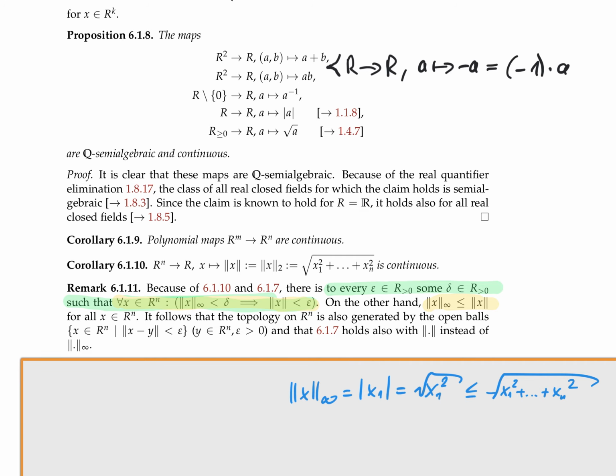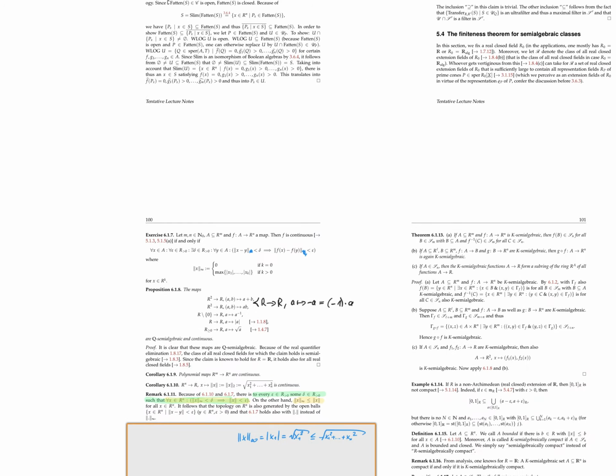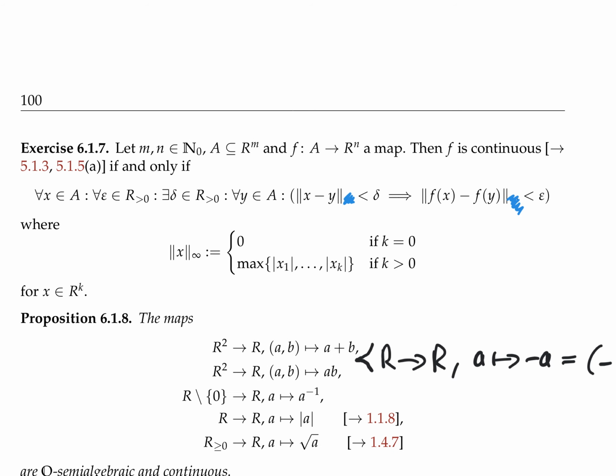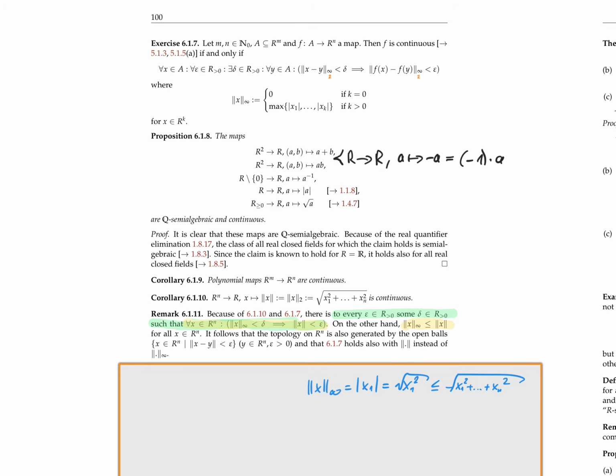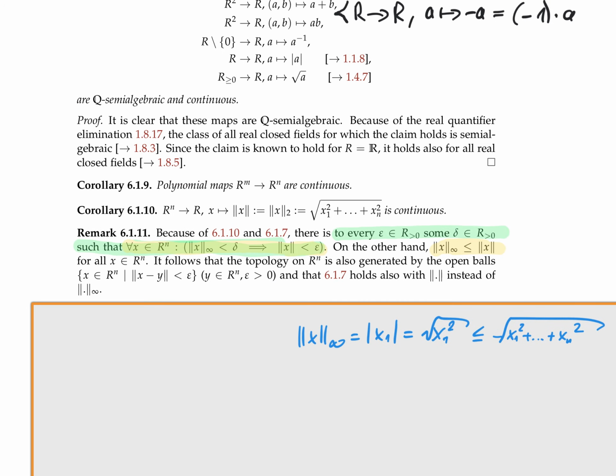And if you use these two, then you can easily see that this whole line here is equivalent to the same thing where I take a 2 norm instead of the infinity norm. So you can also take a 2 norm here instead of the infinity norm. Easy to show, and also the topology on R2n is generated by these open balls. That I leave to you also as an exercise.